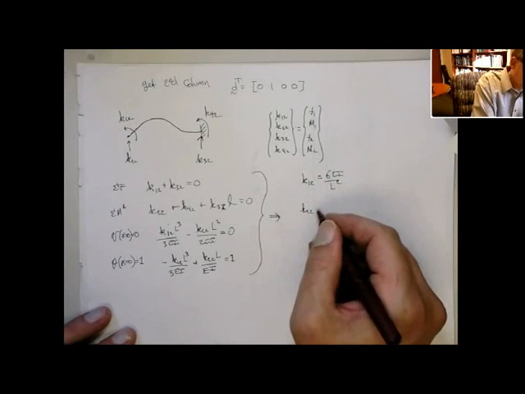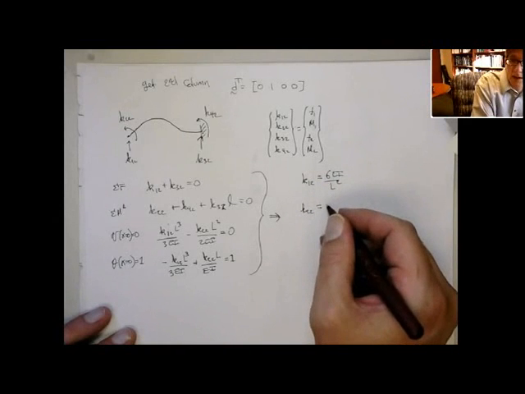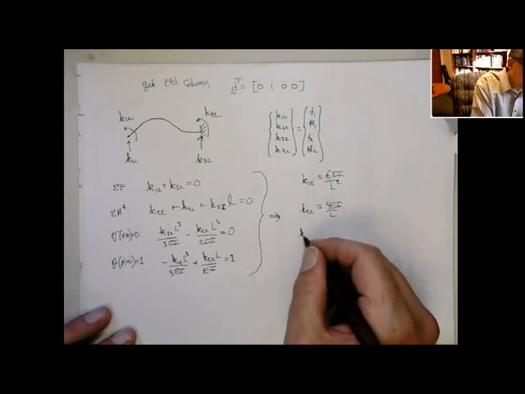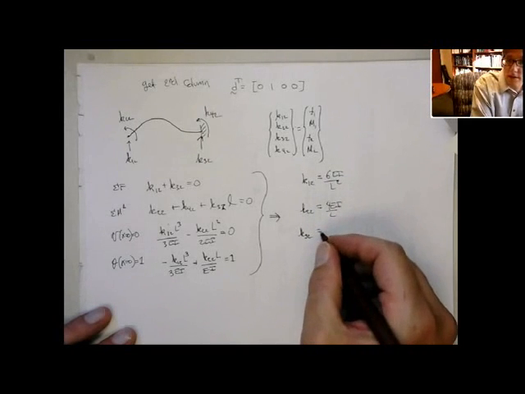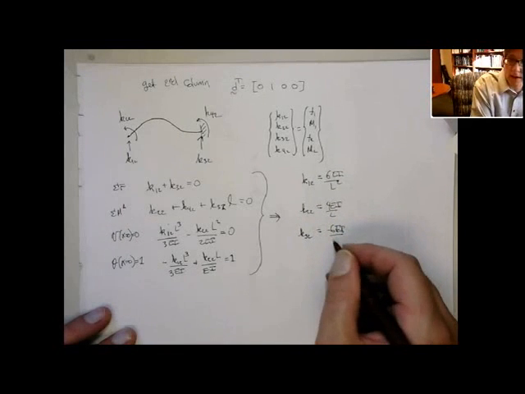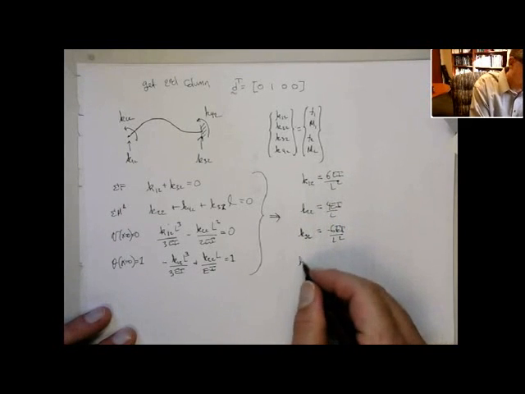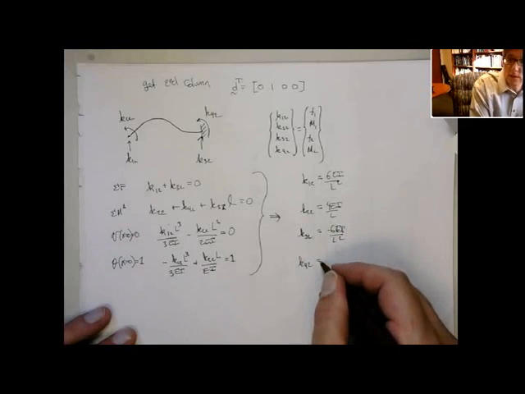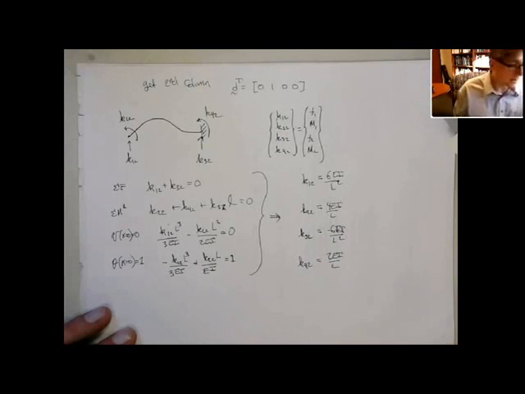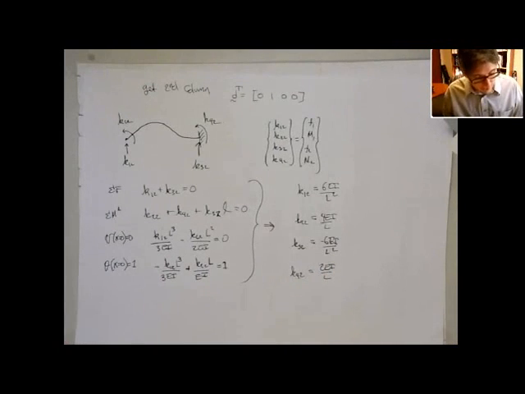K2,2, this is the second column going down, is 4EI over L. K3,2 is going to be minus 6EI over L squared. And then K4,2 is equal to 2EI over L. All right, that's the second column.